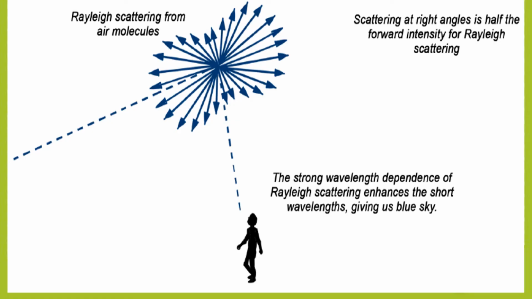So this is how it goes. Rayleigh scattering from air molecules. Scattering at the right angle is half the forward intensity for Rayleigh scattering. The strong wavelength dependence of Rayleigh scattering enhances the short wavelengths, giving us the blue sky.